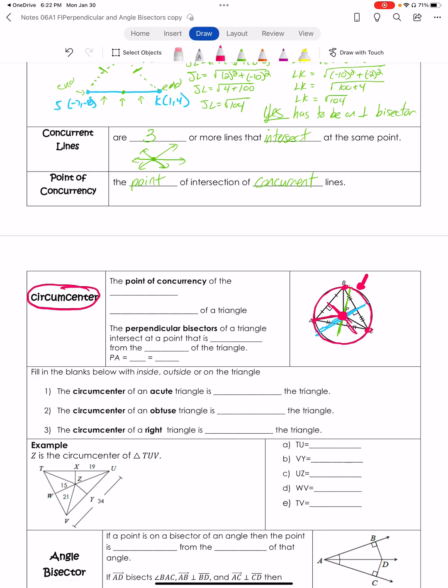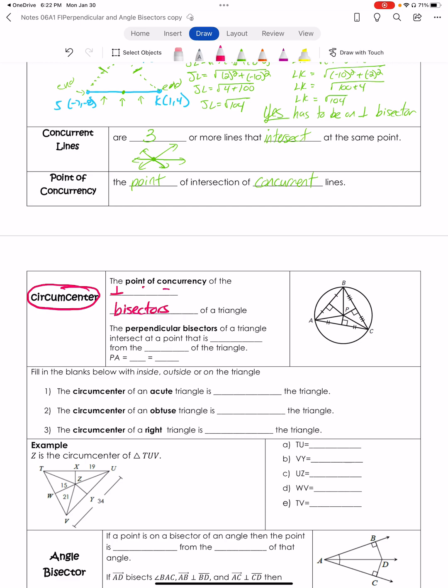So a circumcenter is the point of concurrency of the perpendicular bisectors.